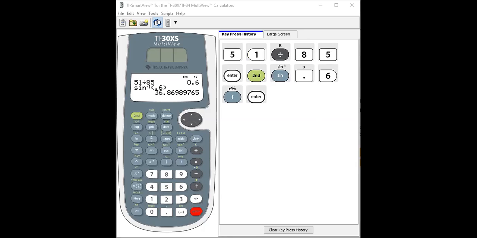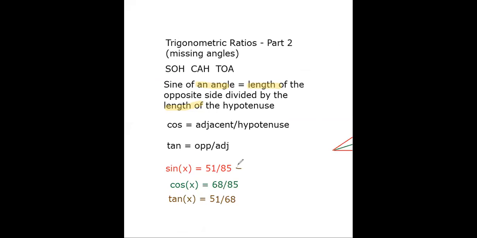When we use the sine function, it gave us 37 degrees. Pretty close to it, because we did 51 divided by 85 is 0.6. Let me actually make that a little clearer.